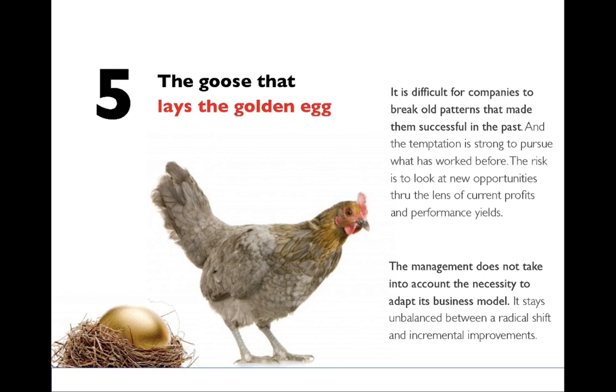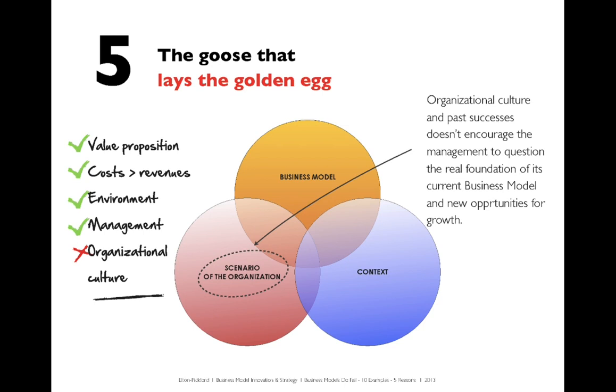So as I was saying, the business model is something that is active and dynamic. It isn't something that you just write and it dies and sits in the bottom of a drawer. It is something that will inform the business day to day for every day of that business's life. Okay, so again, a failure in the scenario of the organisation.